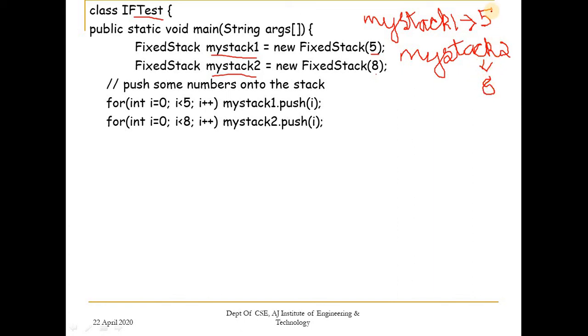Next, we are going to push the elements to my stack 1. So here there has to be 5 elements. So int i equal to 0, i less than 5, i plus plus. My stack 1 dot push of i. You are going to push 0, 1, 2, 3, 4, right? Here you are going to push 0, sorry.